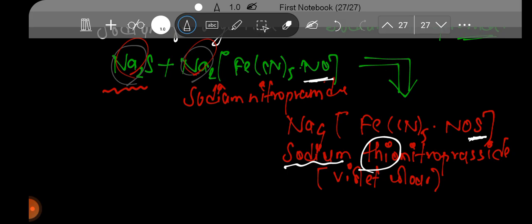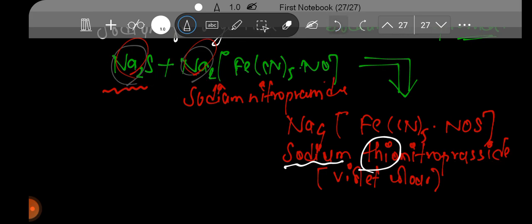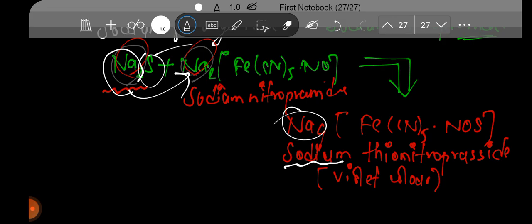Here there is no sulfur, but we added sulfur, and Na2 is added there, so it became 4, and the sulfur is added inside, so we made thionitroprusside. It is not so hard to remember. You have to remember Na2 has gone to Na4, and S has gone inside to form thio.